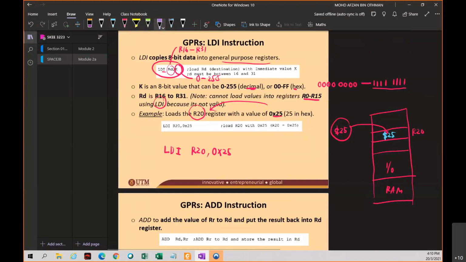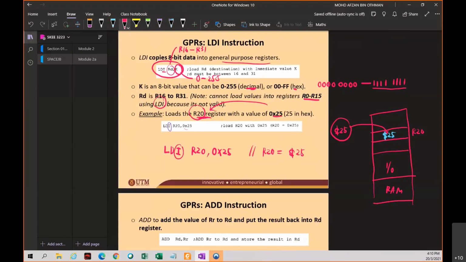Di mana I itu stands for immediate value, okay, value daripada luar. Okay, you're going to put to your register. Okay, so kena guna syntax yang betul lah. LDI, R20. Okay, register mana yang kita nak letak and what value that we're going to put. Okay, so what happens here is R20. Sometimes kita boleh tulis macam ni, R20 sama dengan 25.